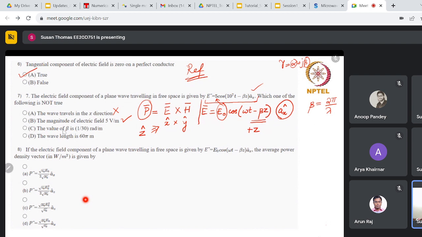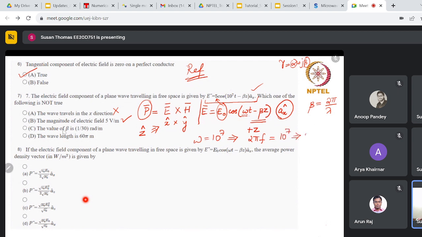And so from this equation, there is one more parameter. If you look at this expression, this is of the form E naught cos omega t minus beta z. So omega is 10 power 7. So from that I can write 2 pi f is equal to 10 power 7.